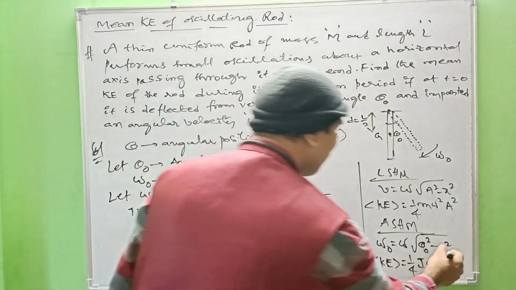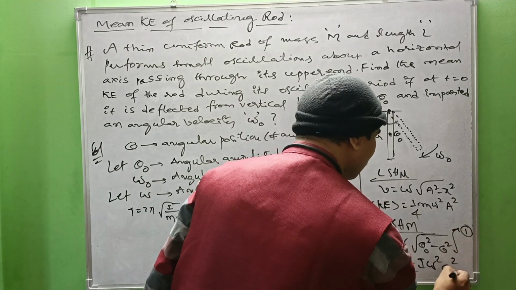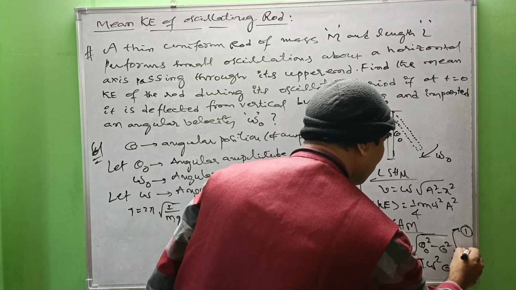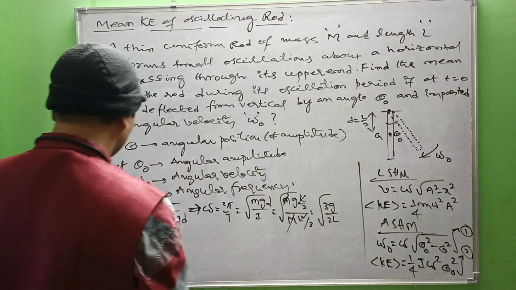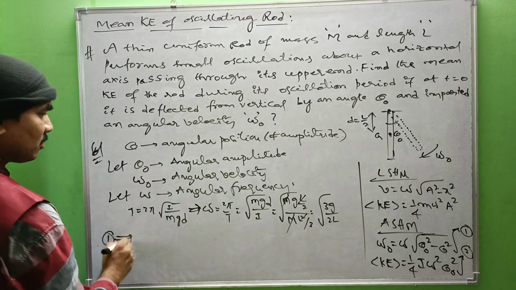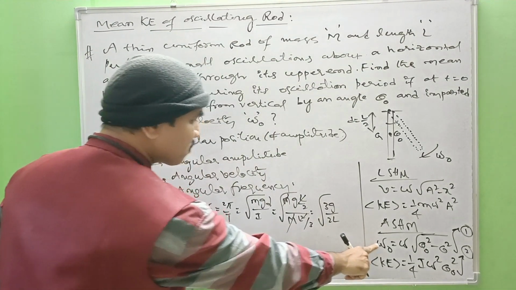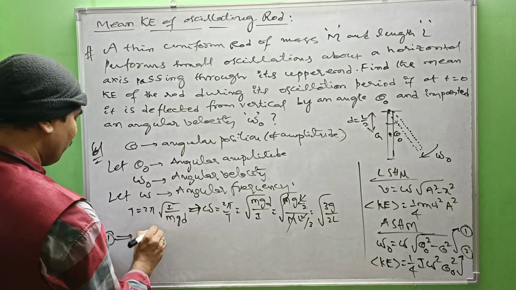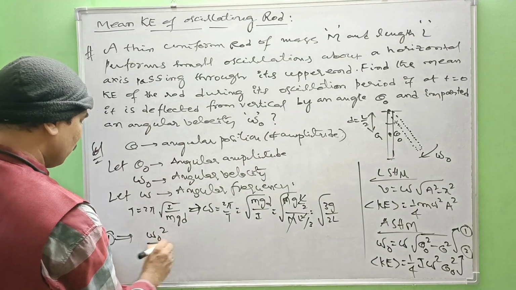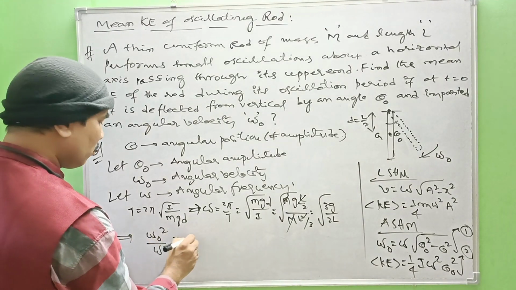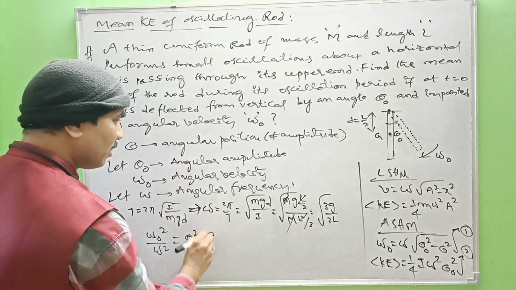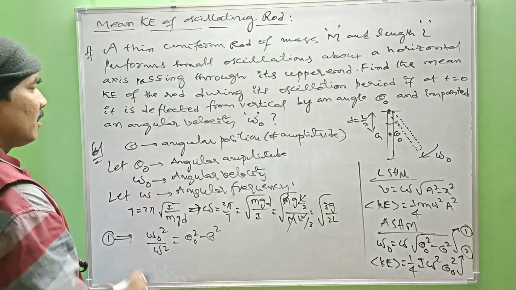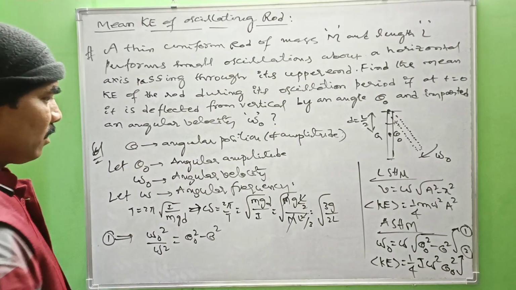See, this is number 1, this is number 2. So one implies omega naught square by omega square equal to theta naught square minus theta square.